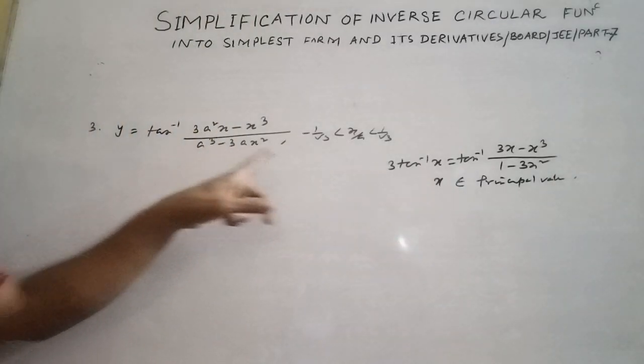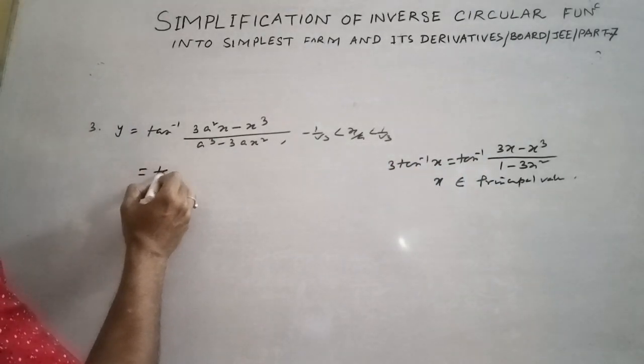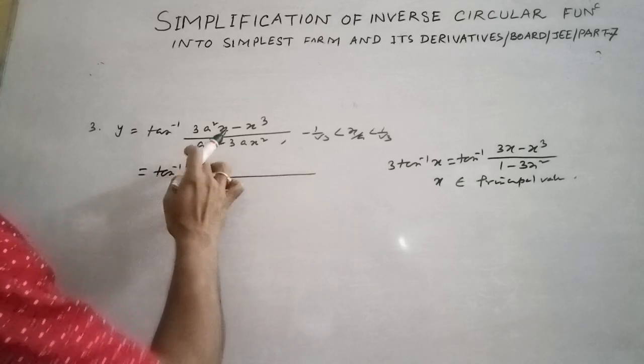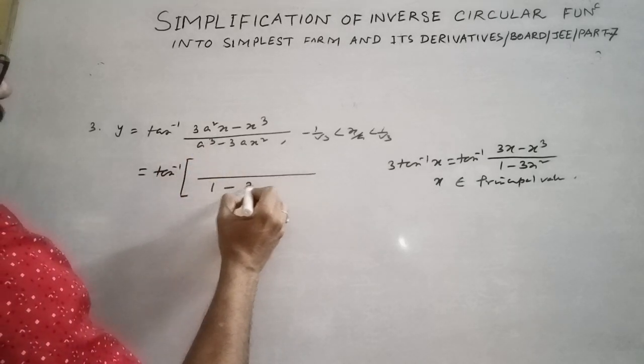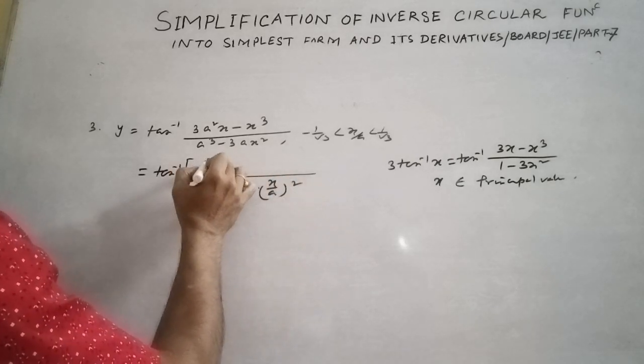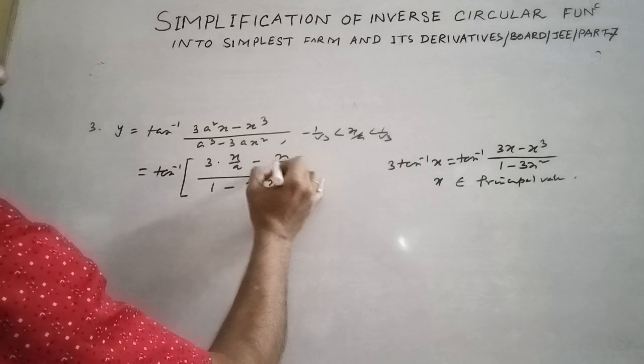So here it is 1, so simplify it. To make it 1, you have to divide by a cube. So tan inverse of 1 minus 3, 1 is cancelled, x by a whole square; so 3 into x by a minus x by a whole cube.